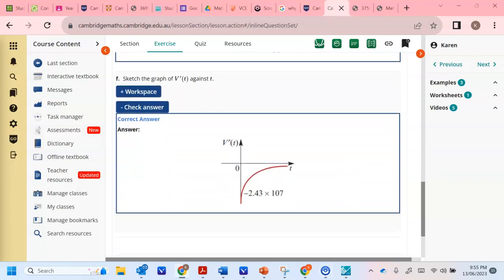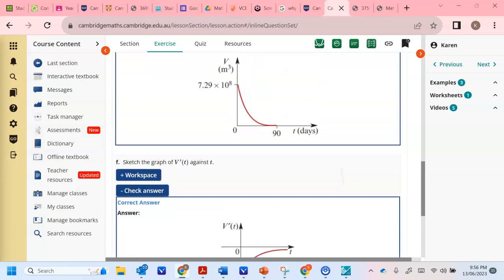And then F is our gradient, so the rate that it's being emptied. At the very start it's being emptied at quite a high rate, and it's a bit hard to understand because we are negative, but remember when something's being emptied it's negative.